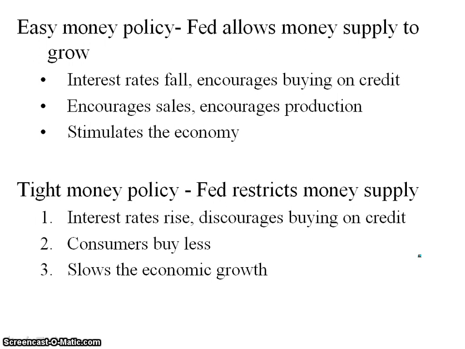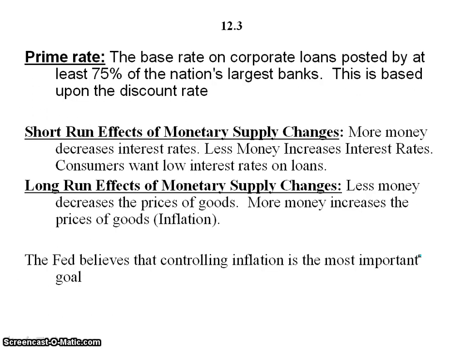So people say, well, why would you ever do that? Why would you ever restrict the money supply? Just keep putting more money, keep printing more money. Well, there's short-term and long-term effects to that. In the short run, when you put more money in the system, you get that initial burst where things get better and people are buying more stuff, companies hire.